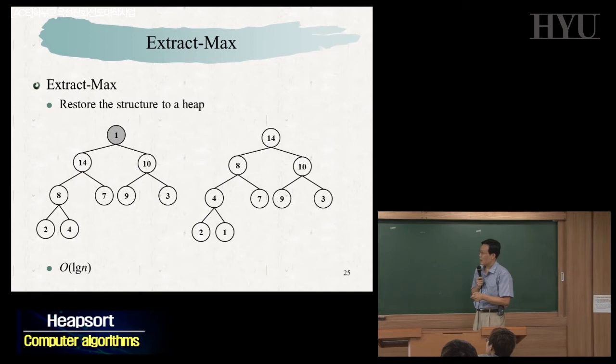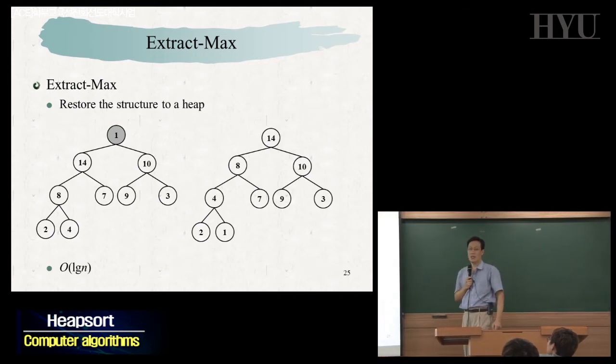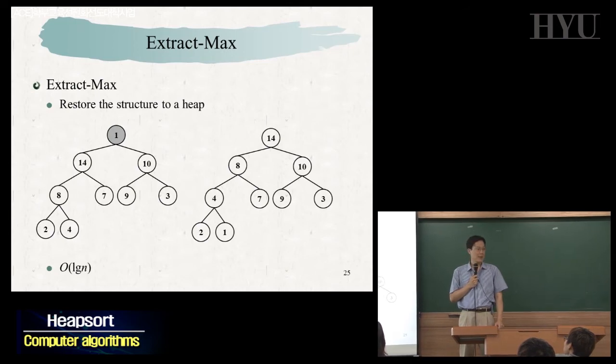And change 1 and 8. 8, and change to 1 and 4. 4. Yes, it floats down this path. Then we get a new heap. And obviously, its running time is big O of log n.